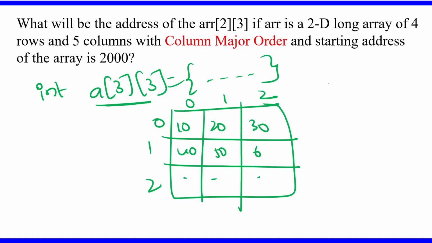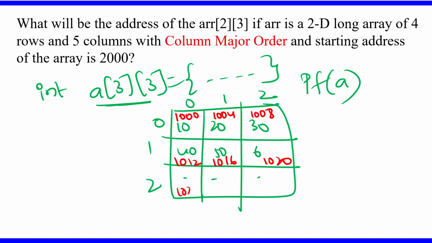Now when I write printf %d, let's say the starting address is 1000. So this will be 1004, 1008, 1012, 1016, 1020, 1024, 1028 and 1032. Now when I write printf of only a, what does a mean? It is the name of the array. When you give the name of the array, it will print the base address, that is 1000.